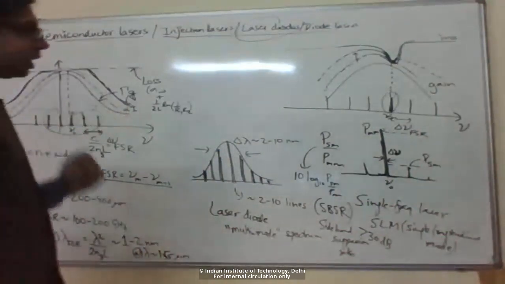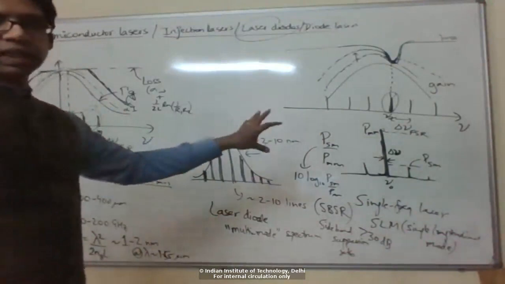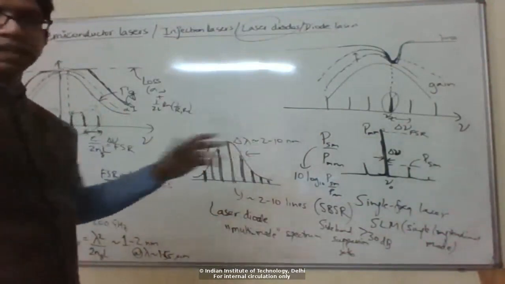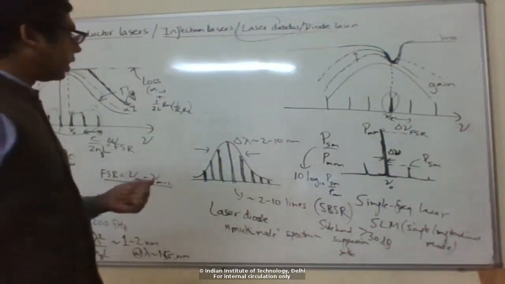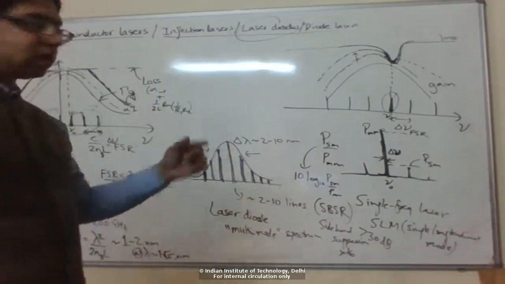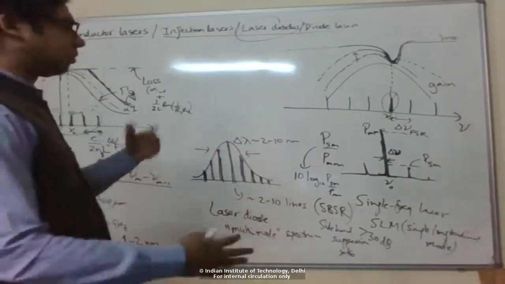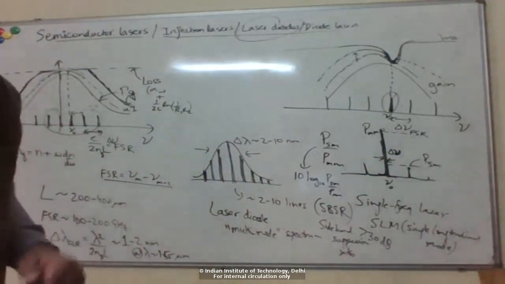Similarly, you can do it with a laser also. First we'll study the steady state or DC characteristics of optical power versus injected current, and then we look at the AC modulation characteristics. If you vary the current, how does the power output vary, and what is the bandwidth decided by, etc. That we'll look at in the next class.